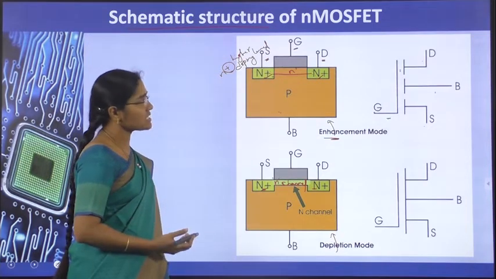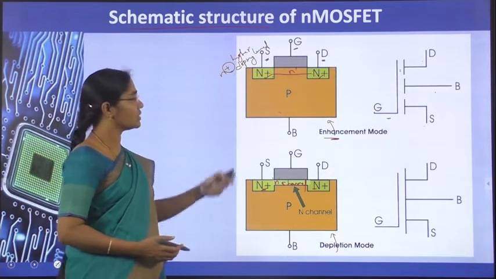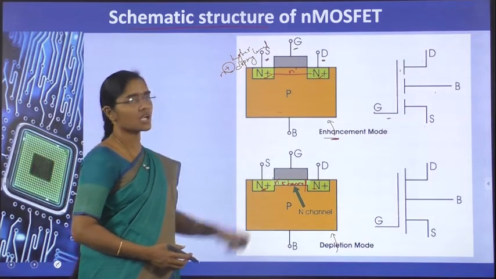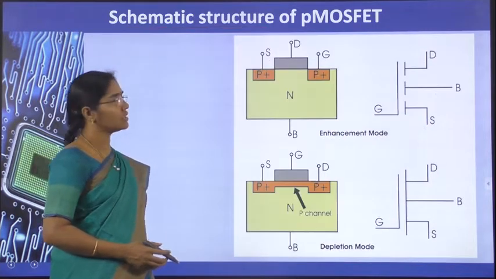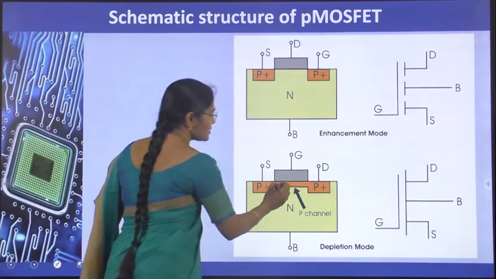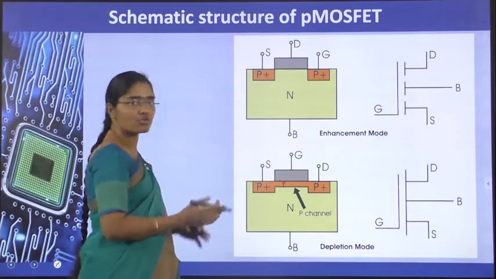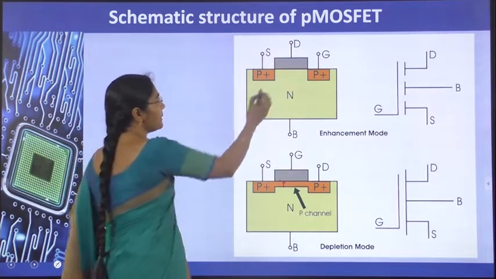Let's see the PMOS type also. The difference between this and NMOS is that the channel is going to be P. So the channel is P. Therefore, source and drain have to be P plus.